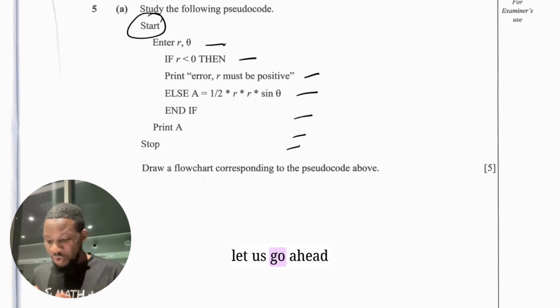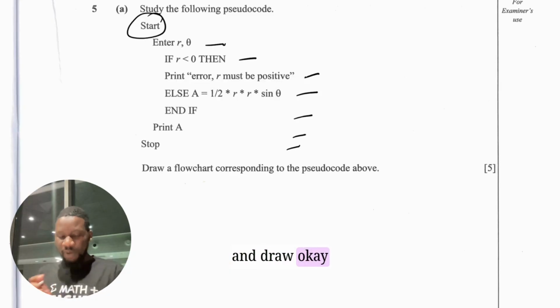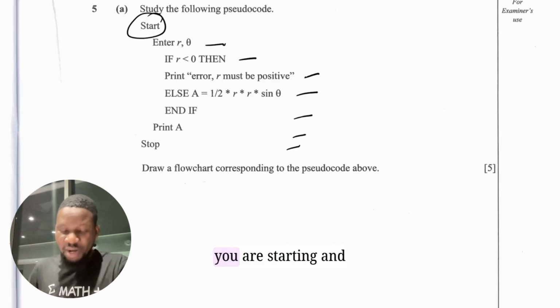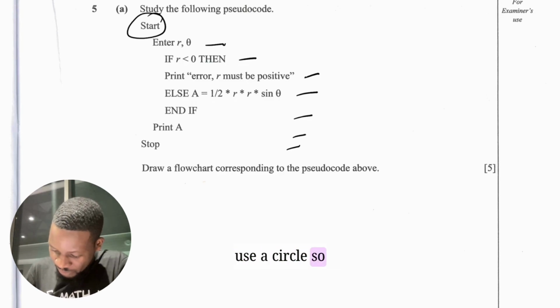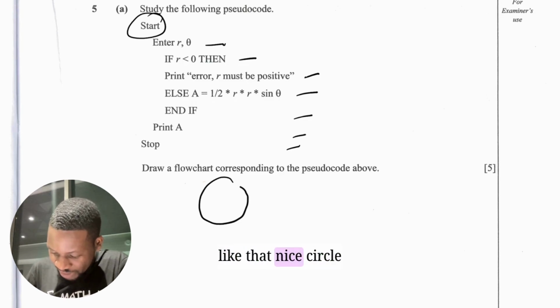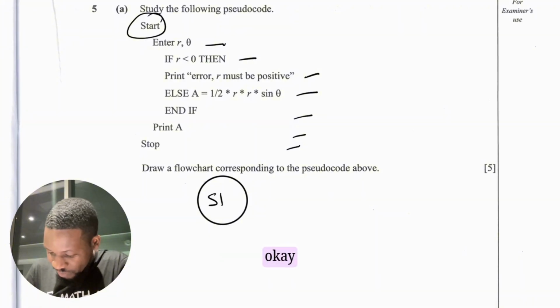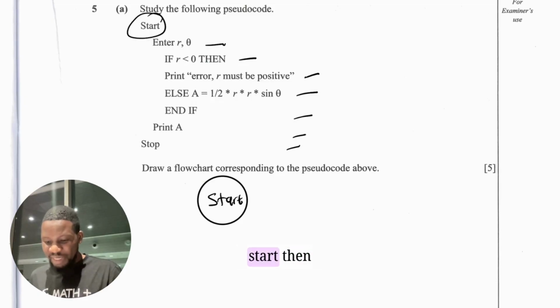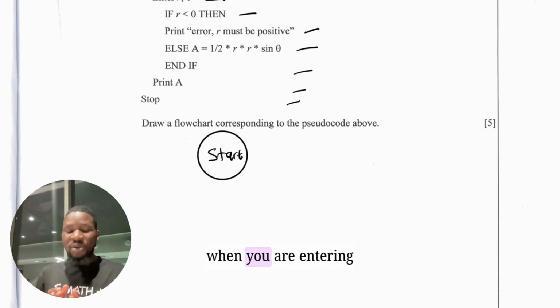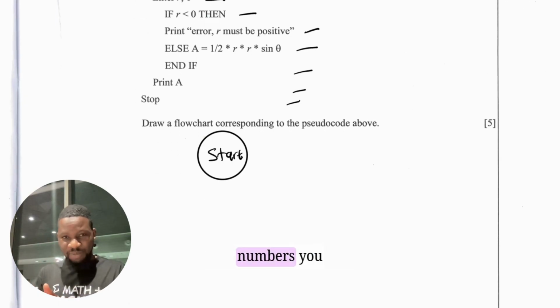Okay, so let us go ahead and draw. Okay, so remember, when you are starting and you are ending, you use a circle. So I write a circle like that, nice circle. Then I write inside start. Then when you are entering numbers, you use a rectangle.